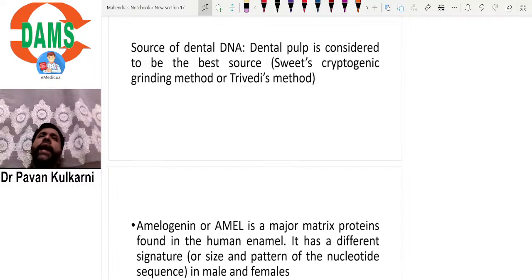He devised a needle using which the dental pulp DNA can be taken out. We'll not go into much detail of this. Usually remember the Sweet's method, they'll ask as an MCQ, cryogenic grinding method.